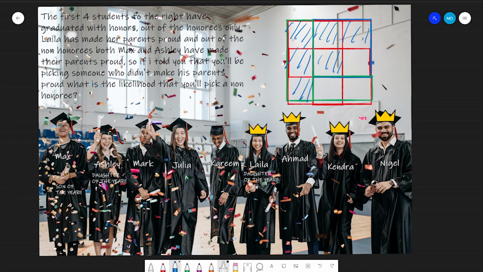So we are only concerned with these 3. And these 3 are calculated as 3 out of 5, because that's the likelihood of being someone who failed their parents given you are a non-honoree, times the probability of being in that predicament of being a non-honoree, which is 5 out of 9.